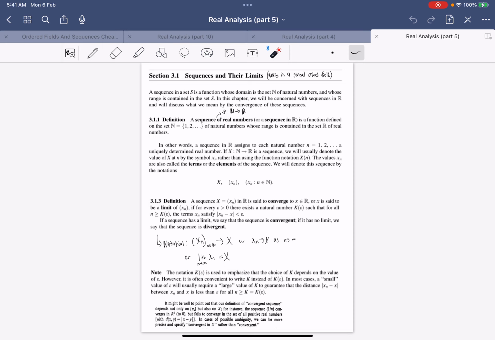And we say it has a limit, or it converges to this limit x, if and only if for every epsilon there will exist a number k such that when n is greater than k, the distance between x_n and x is less than epsilon.